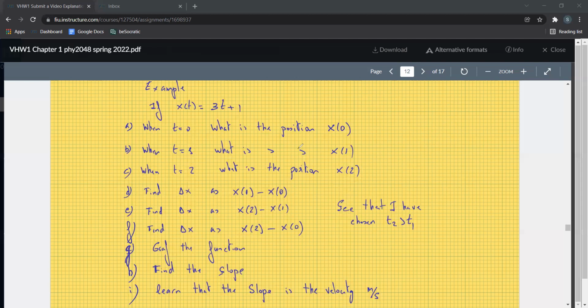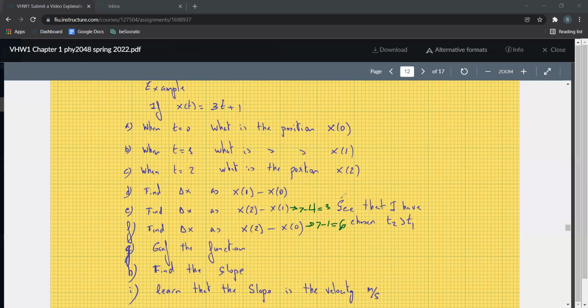And the same applies really for all of these. I'll do these quickly. So x of 2 is 7, right? So this goes to 7 minus x of 1, which is 4, which equals 3. And this is 7 minus 1, which equals 6.